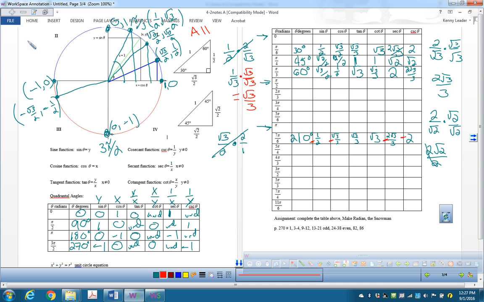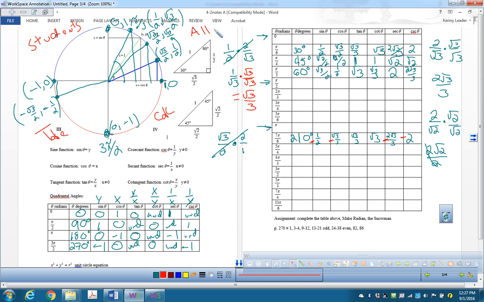Have you heard this? All students take calculus. What does that mean? That tells you where things are positive and negative, okay? So over here, people use it sometimes.